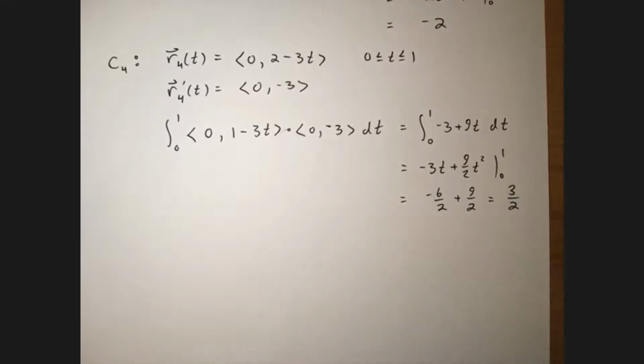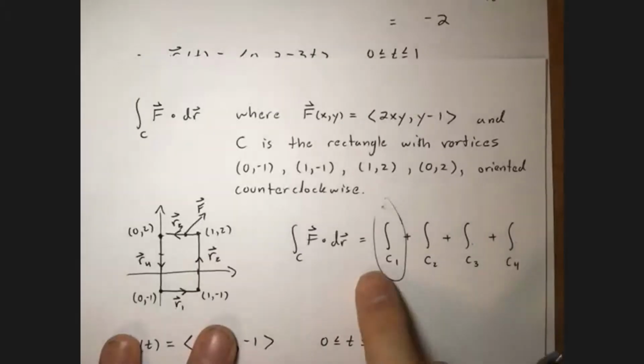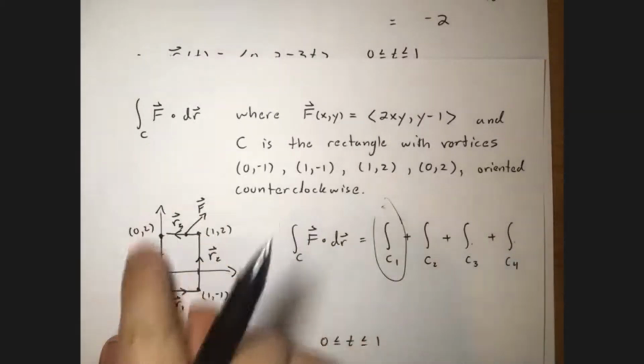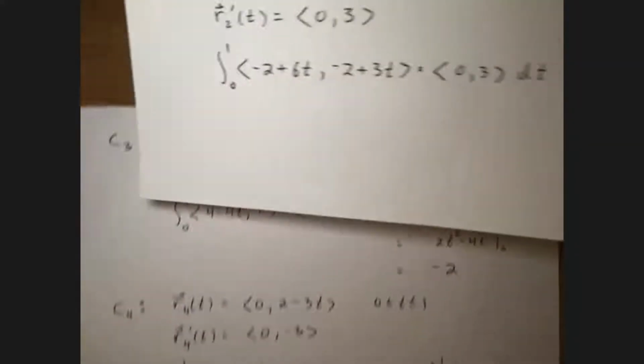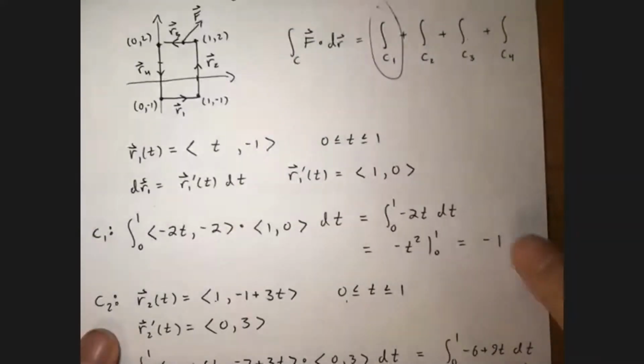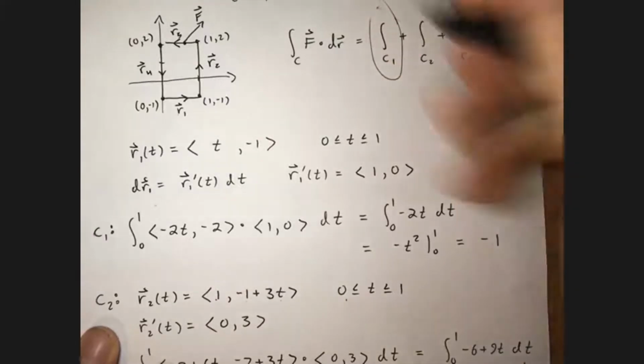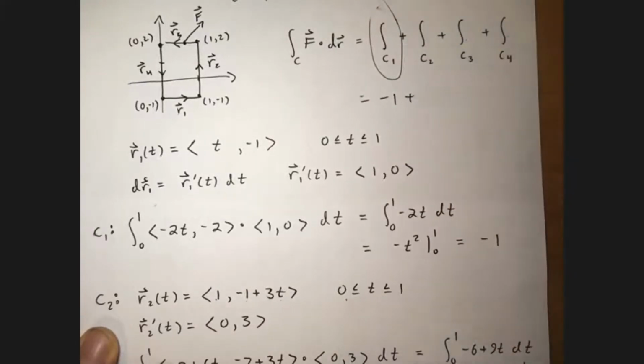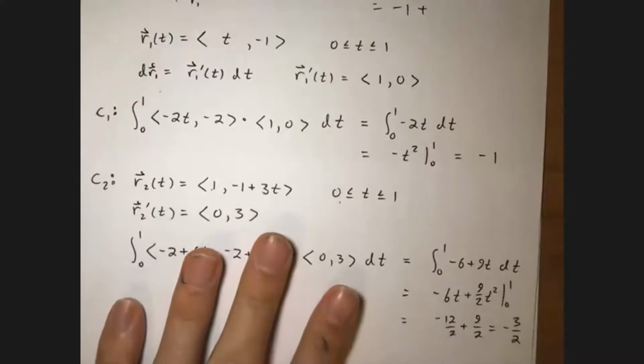Okay, so remember what we said we were doing. We were going to add all these up, right? Because that gets us all the way around. So all we have to do is add up our integrals. So let's see what we got. First, we got -1 for the first one. Then we got -3/2 down here.